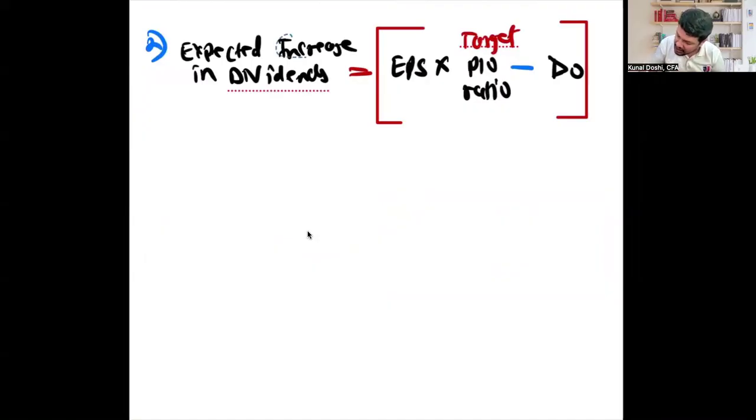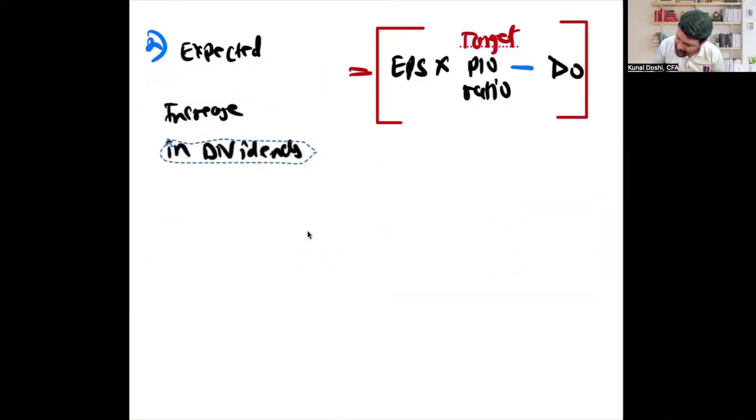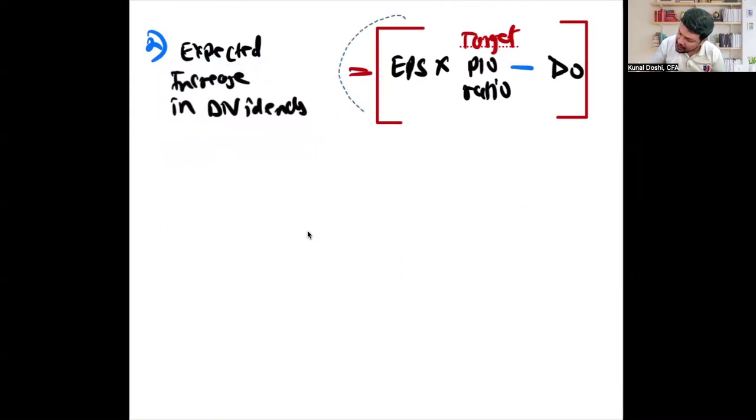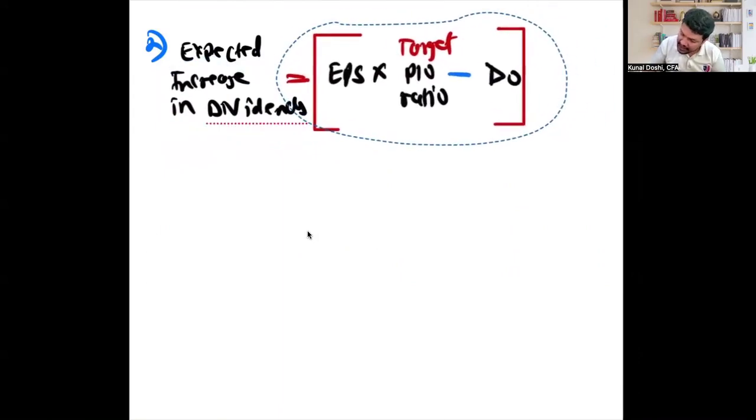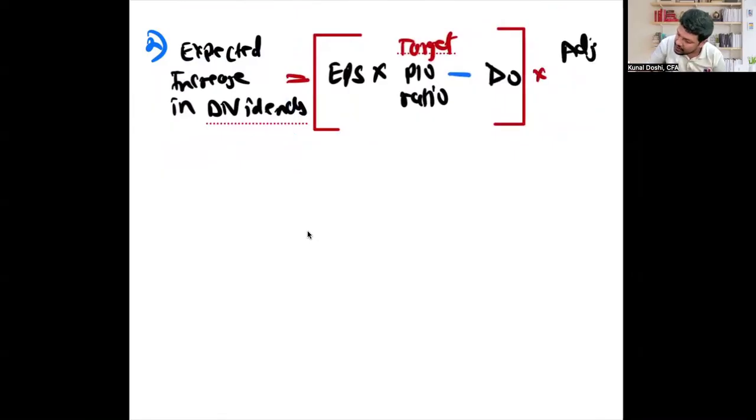So I will just help you understand what exactly this is. See this, this is the expected increase in dividend, right? It is this into the adjustment factor. And what is the adjustment factor? Adjustment factor is nothing but simply 1 divided by n.